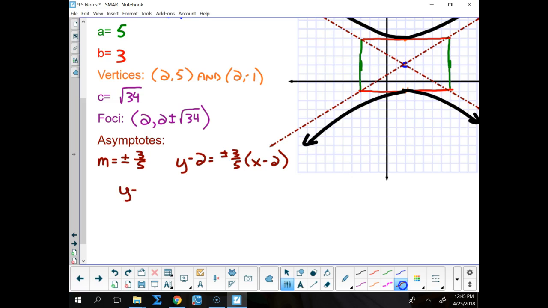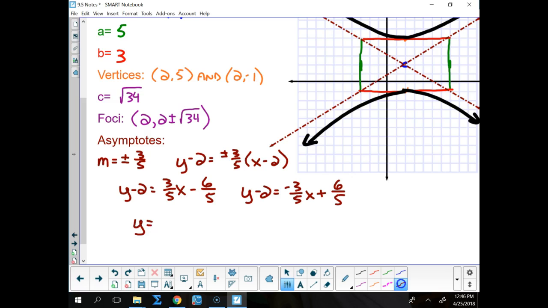So y minus 2 is going to equal positive 3/5 x minus 6/5, and y minus 2 is going to equal negative 3/5 x plus 6/5. 2 is like 10/5, so I'm going to add 10/5.